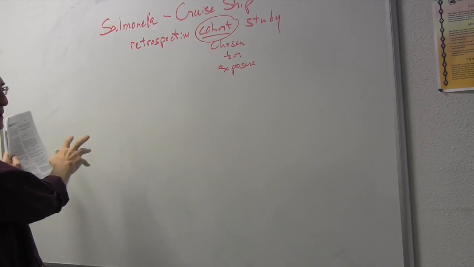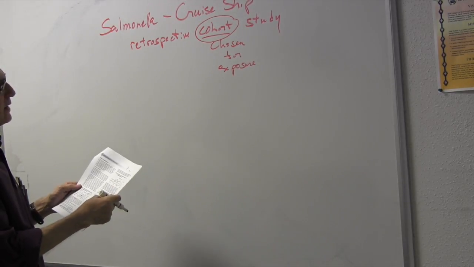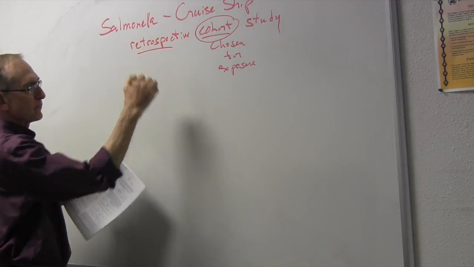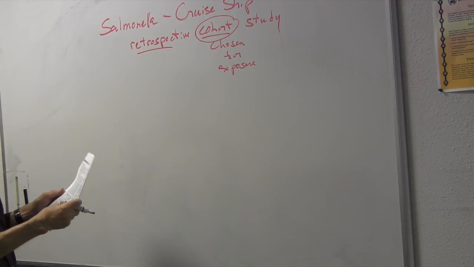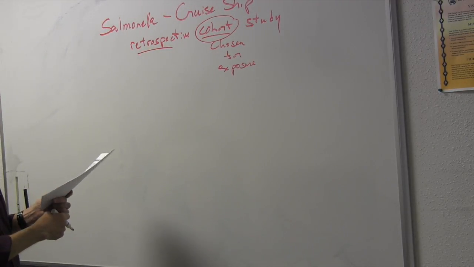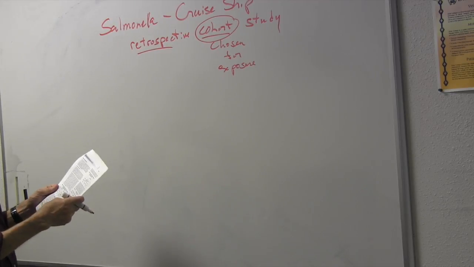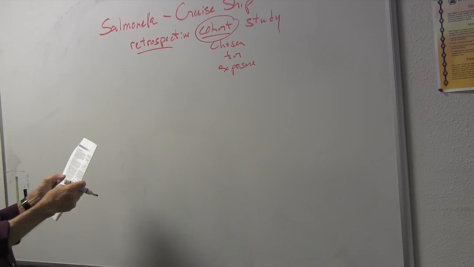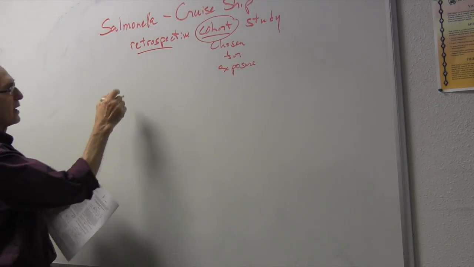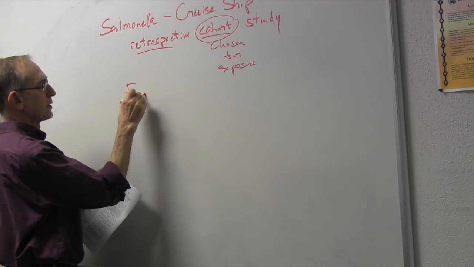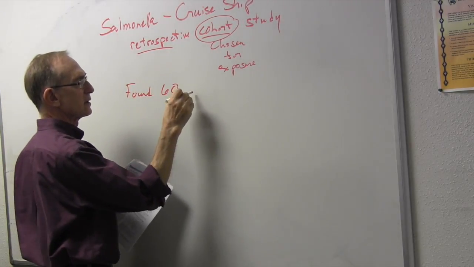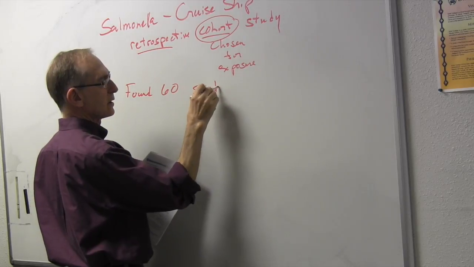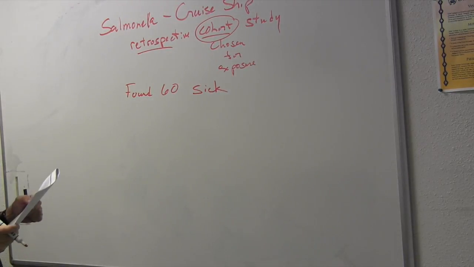So we're choosing them for the exposure and retrospectively going into the past to see what the outcomes were, who got sick from what. They found that 60 had symptoms consistent with salmonella. I'll just say sick.